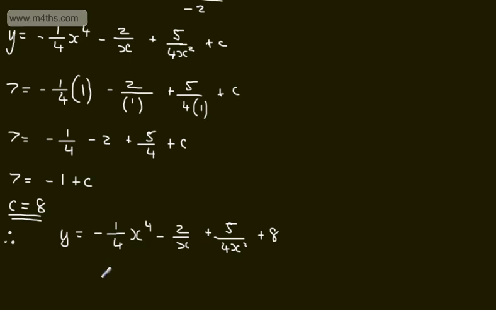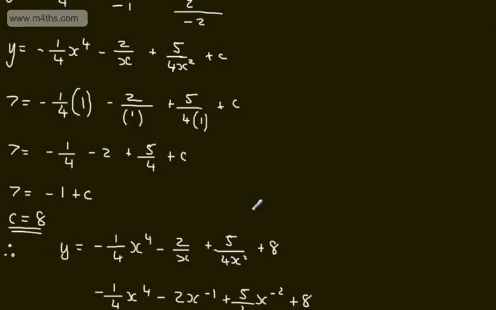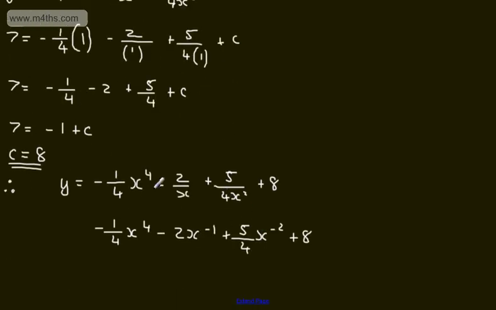Again, you could write this now as minus 1/4 x to the 4th minus 2x to the minus 1 plus 5 over 4 x to the minus 2 plus 8. It's entirely up to you. You will be awarded the 6 marks as long as you have one of these answers at the end.